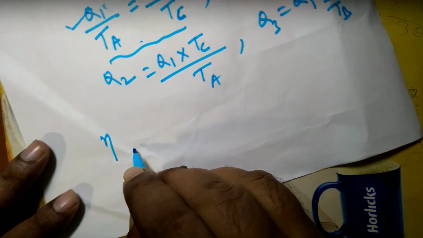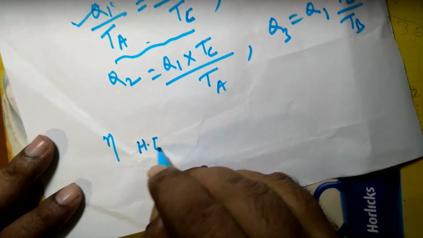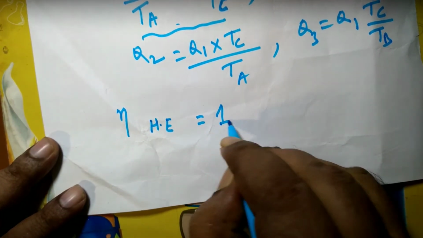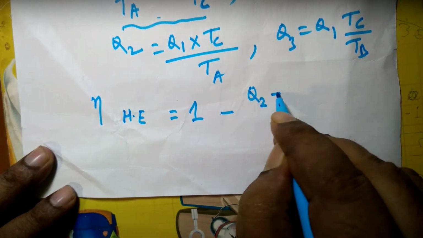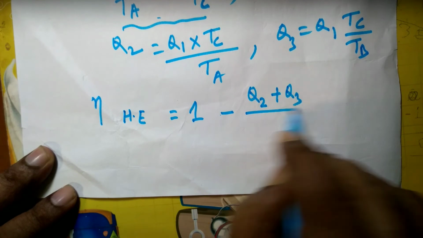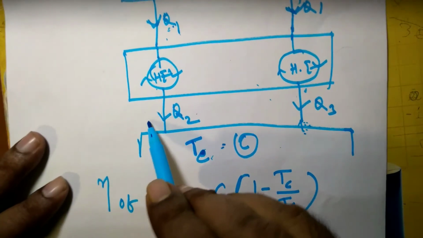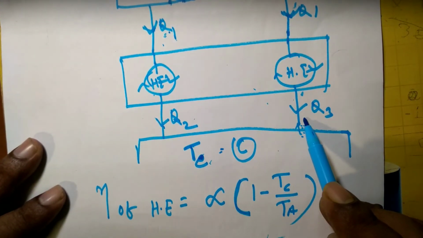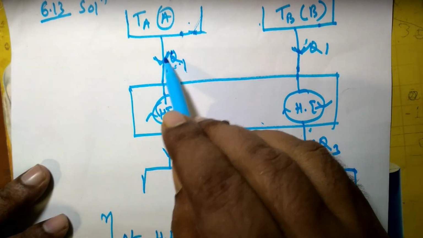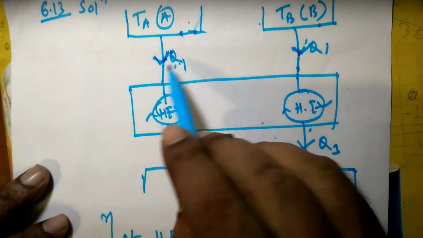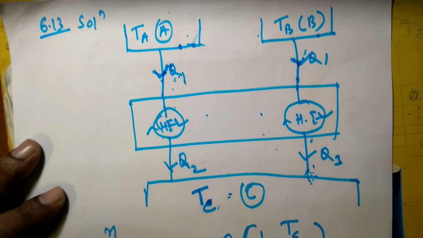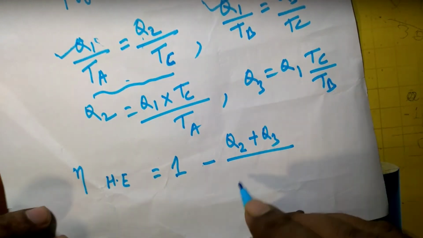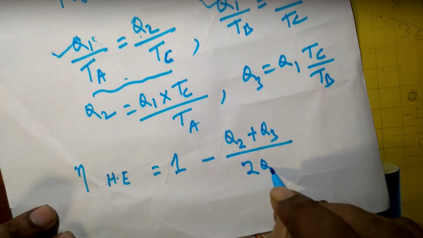So efficiency of this heat engine will be 1 minus heat rejected divided by heat added. Q2 plus Q3 divided by, here the heat rejected to the low temperature is Q2 and Q3, but heat added to the heat engine is Q1 plus Q1, since it extracts equal amount of heat from TA and TB. It is given in the question. So heat supplied is Q1 plus Q1, that is 2Q1.